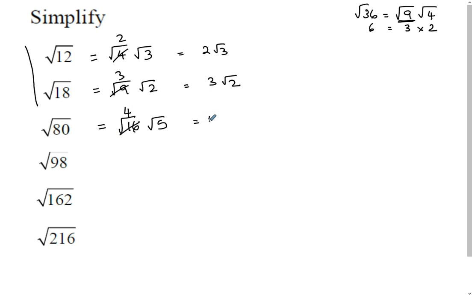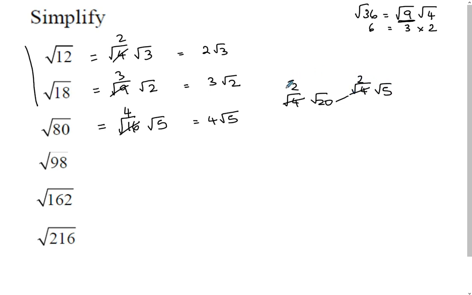Now, if you had said, oh, the highest square number I can think of is 4, then you'd have got 2 surd 20. But then you can see you can simplify the surd 20 into surd 4 and surd 5, and that simplifies to 2.